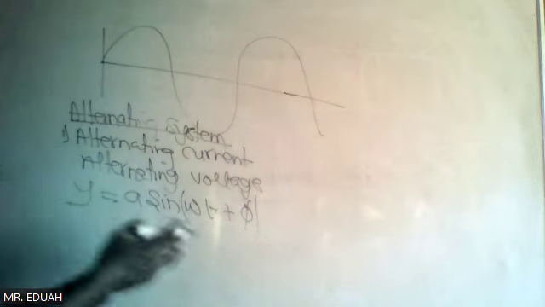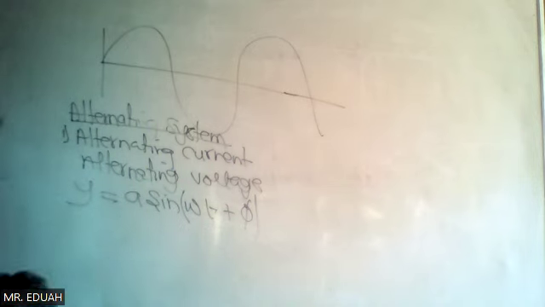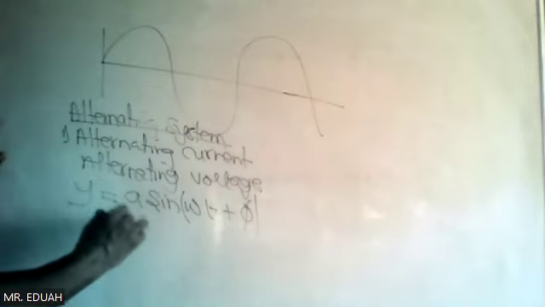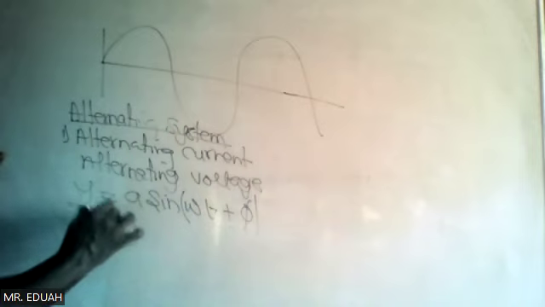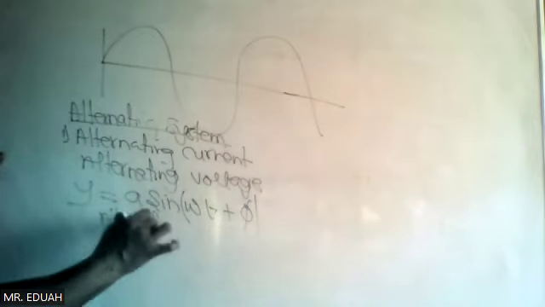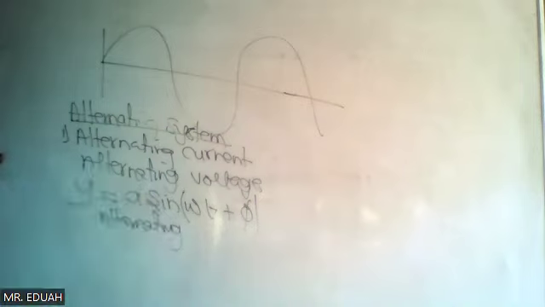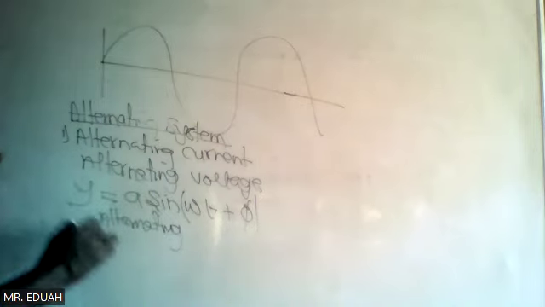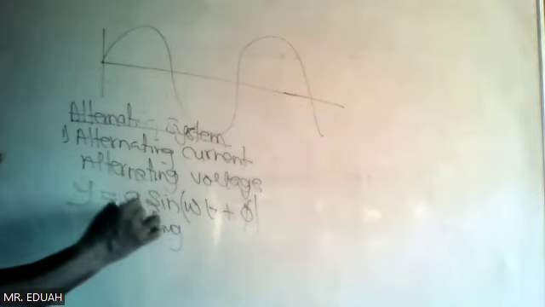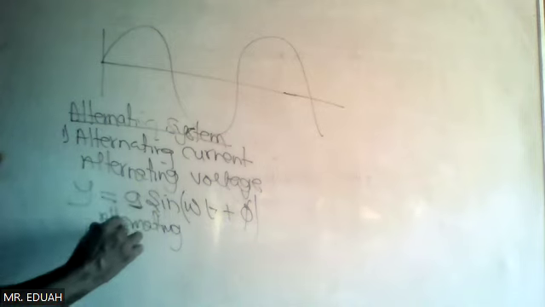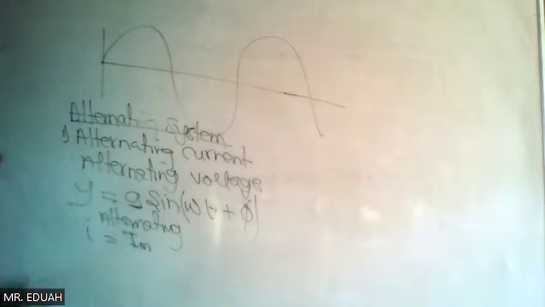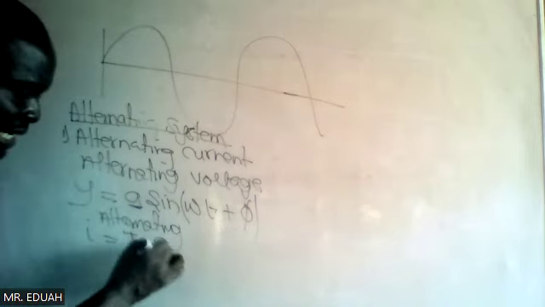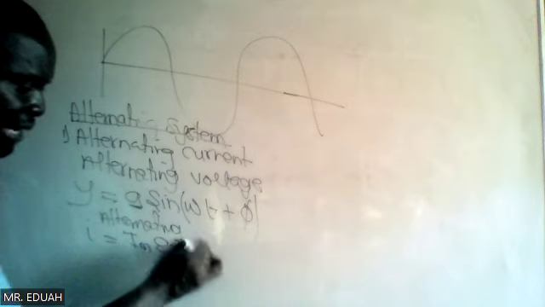Because of this, and the fact that alternating current is a harmonic function, alternating current is represented mathematically as I is equal to I naught, or I maximum, sine omega t.